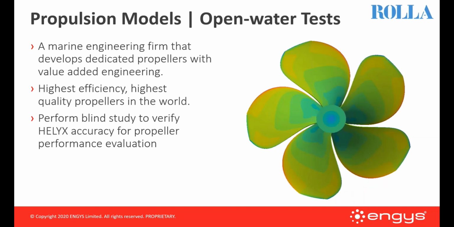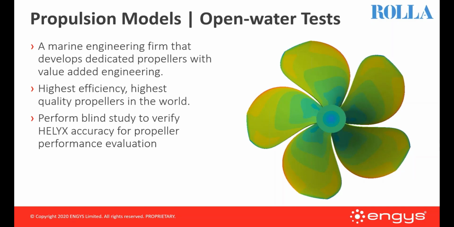Of course, even for that, we have a range of validation cases. You always start from the PPTC propeller as a start, and we have a list of validation cases available, which we collected across the years. But in this particular case, I just want to show you the results of a blind test we ran for Rolls propellers, which is an engineering company which develops and manufactures high efficiency propellers.